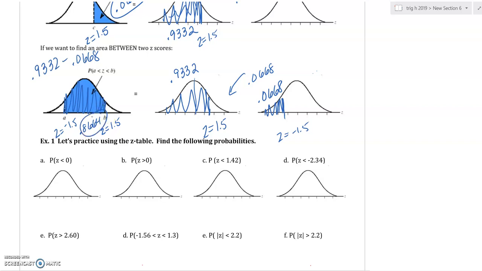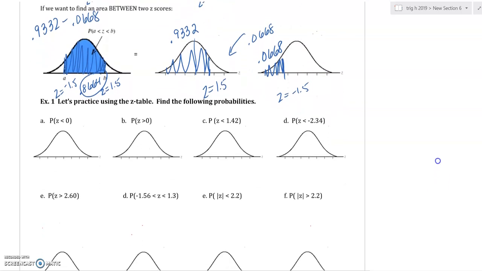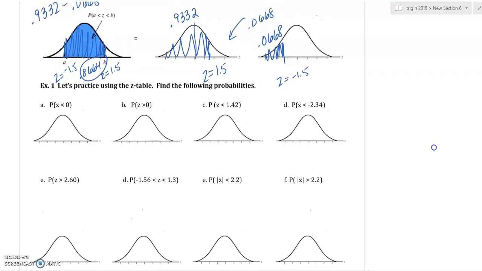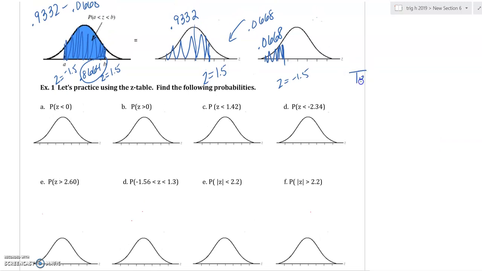Okay, let's go ahead and do some examples with the z-table. So first of all, what I would like to do is test the z-table. What if I picked a z-value of 1? So go ahead and pause the video, choose that z-value of 1, and see what they tell you is the area under the standard normal curve for the z-value of 1.